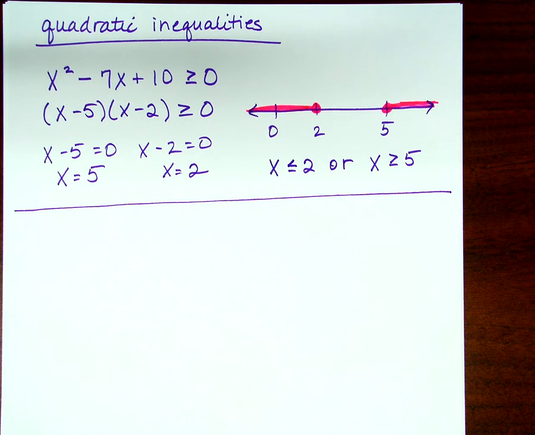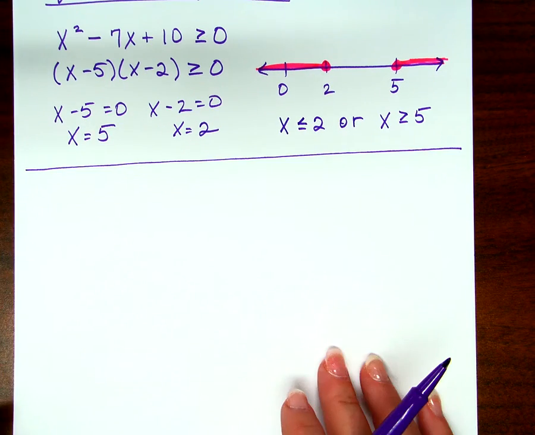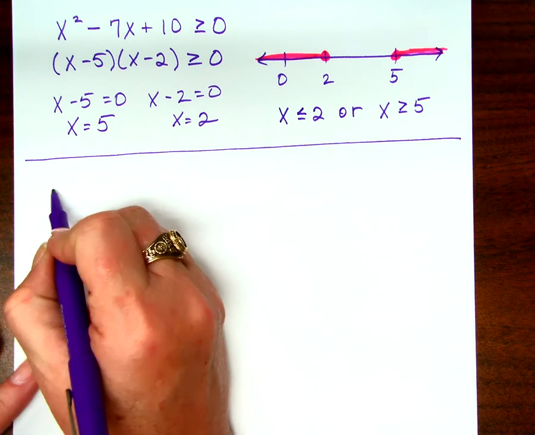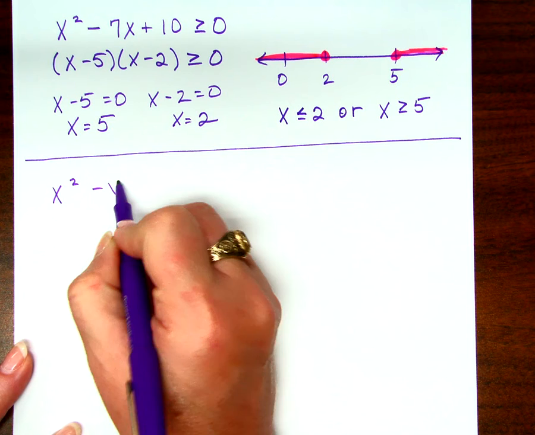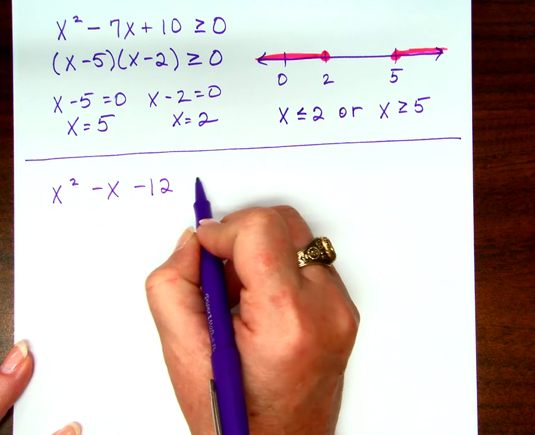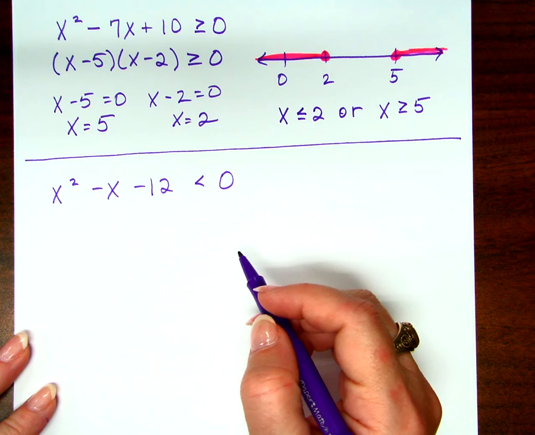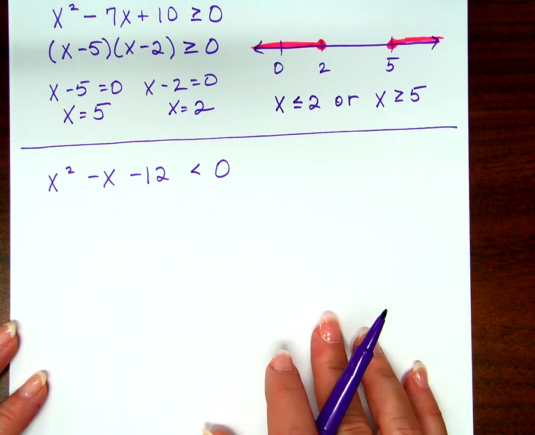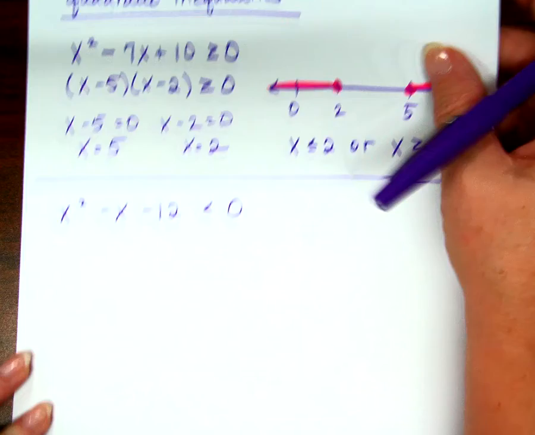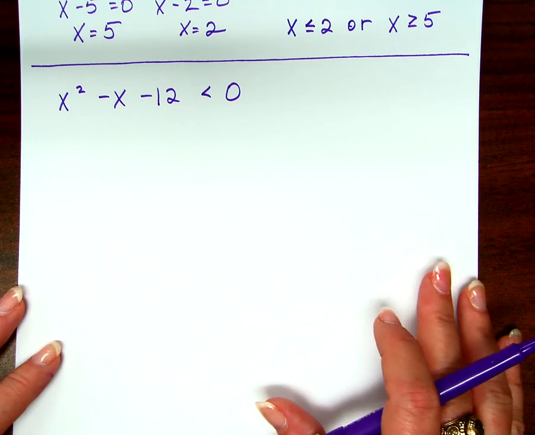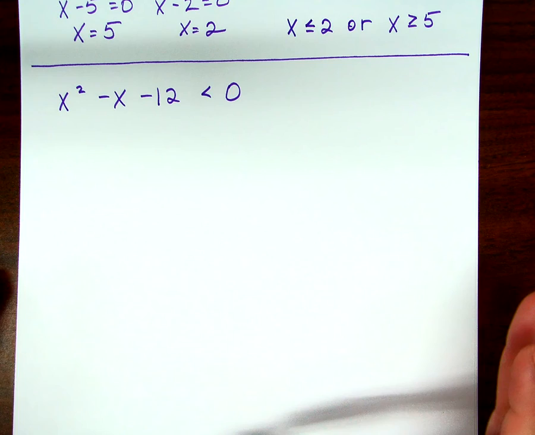We good? Can I do another example for you? X squared minus x minus 12 is less than 0. So what do you want to do first? Factor? Okay.